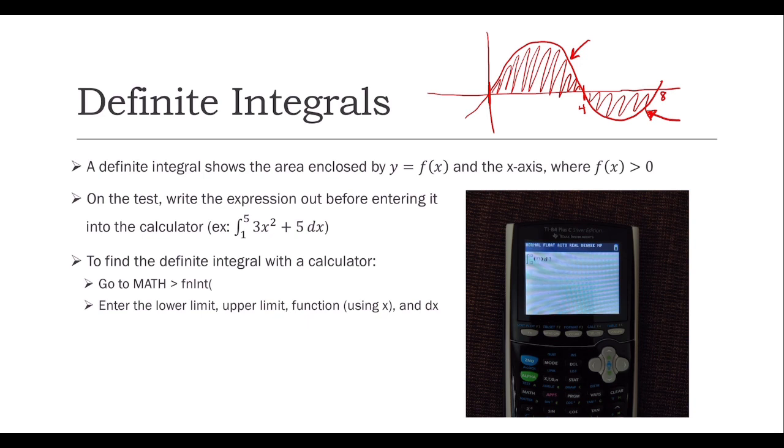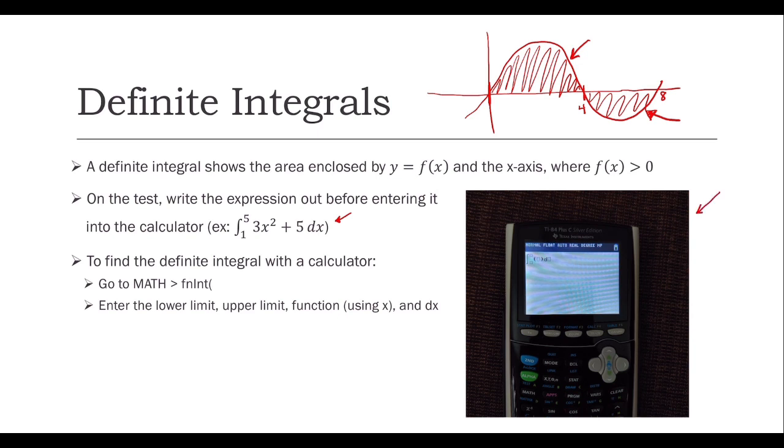When you're asked to find a definite integral, you need to write the expression out before entering it into your calculator. So for example, you would write this on your page, and then you could go ahead and enter it into your calculator if the calculator is allowed on the problem. So to put it into your calculator, you'll go to math and then FNINT, which is finite integral. Then you'll enter your lower limit, upper limit, and function using x, and then you'll put dx.